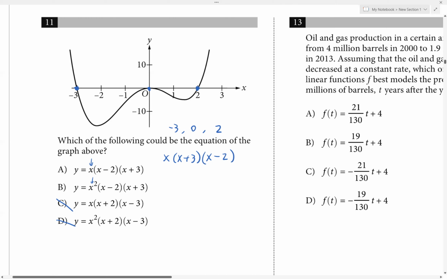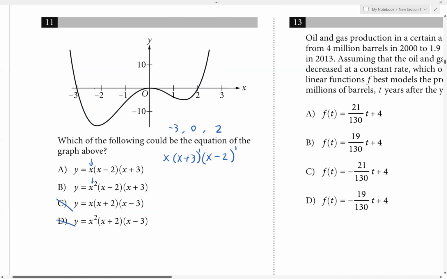So at -3 and 2, you see how the graph passes right through the dots. That means the exponent on the factor should be odd, so the power is 1 and 1. Both A and B have that.